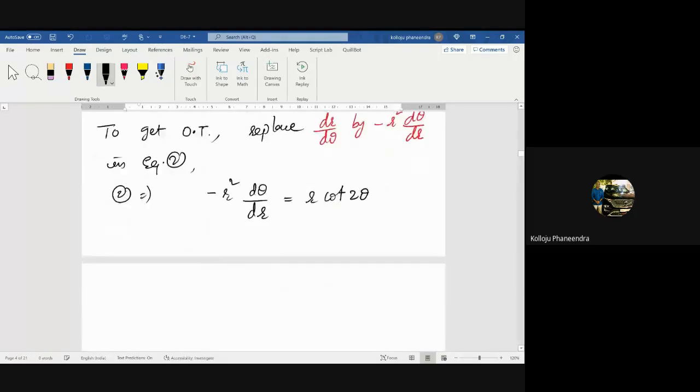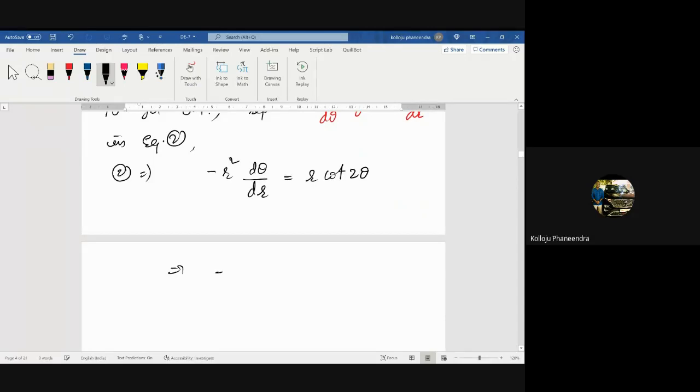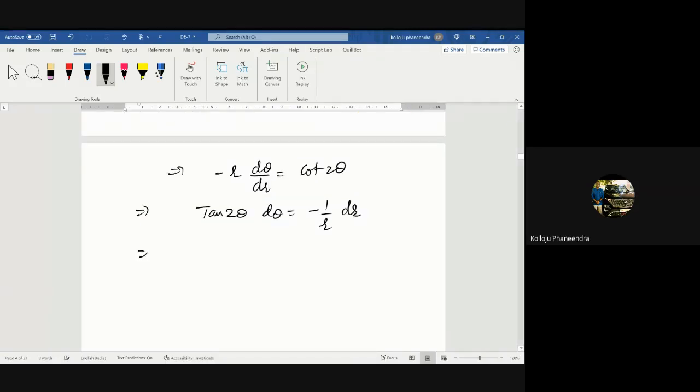Now I think I can separate the variables. So this is minus r d theta by dr equal to cot 2 theta. Take cot to this side: tan 2 theta d theta equal to minus 1 over r dr. Correct?